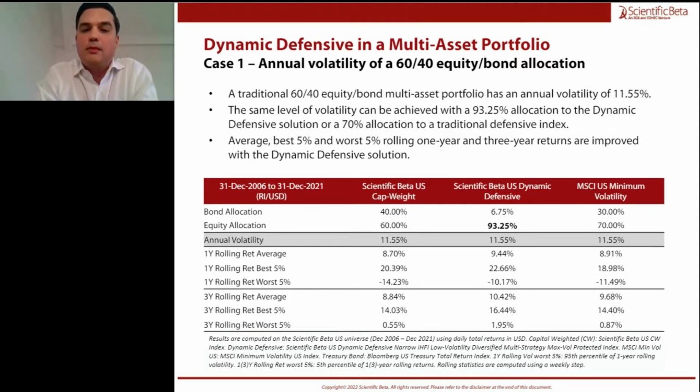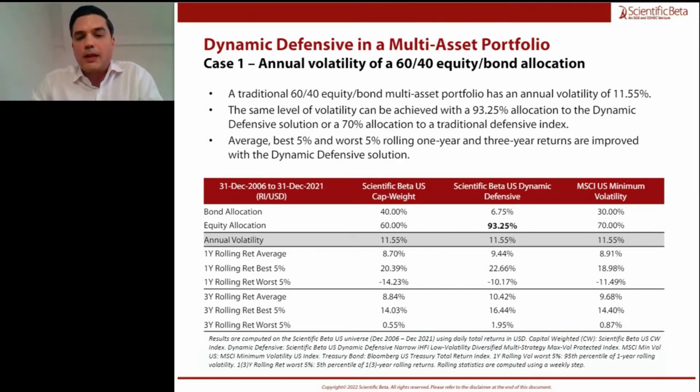If you use the minimum volatility strategy, you can achieve the same overall volatility for your portfolio by having just an increase of your equity allocation of an absolute level of 10%. From 60, you go to 70% equity allocation. When it comes to the dynamic defensive, in order to achieve the same volatility of 11.5%, you can go all the way up to an equity allocation of 93% approximately.